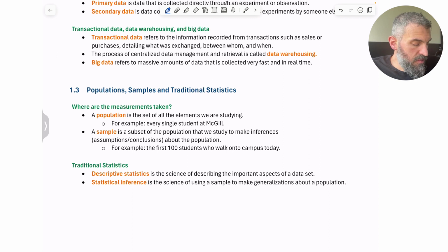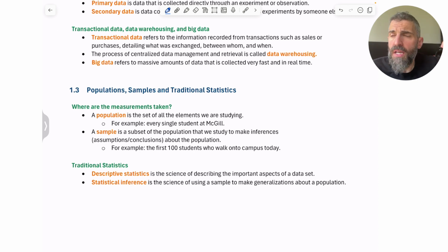Now, as far as population samples and traditional statistics, we'll quickly run through this. Nothing crazy here, probably things you've already heard. So when we say population in the context of really anything, a population is the entire population of the elements that we're interested in. So every single element that you are interested in knowing something about.